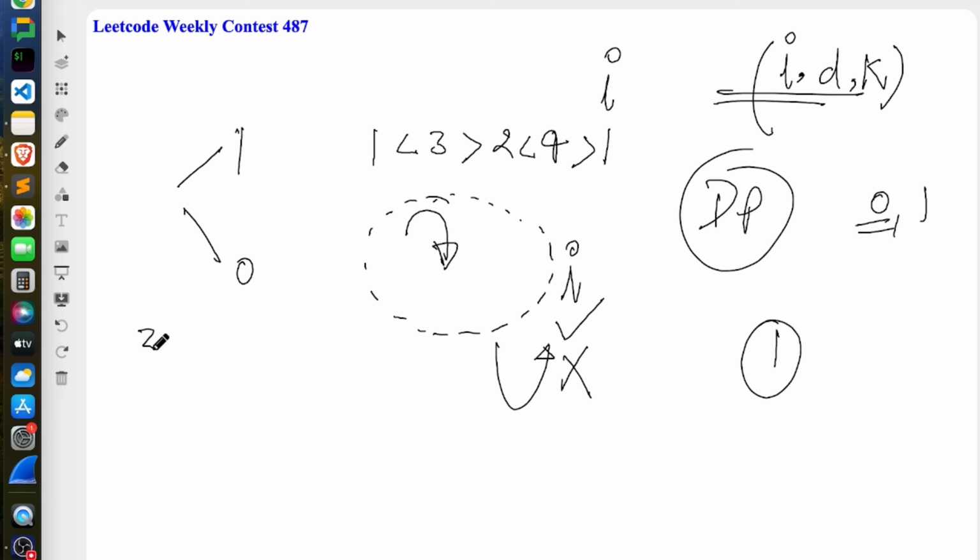So we would need 3D DP here, DP of size n, 2 and 2, right?